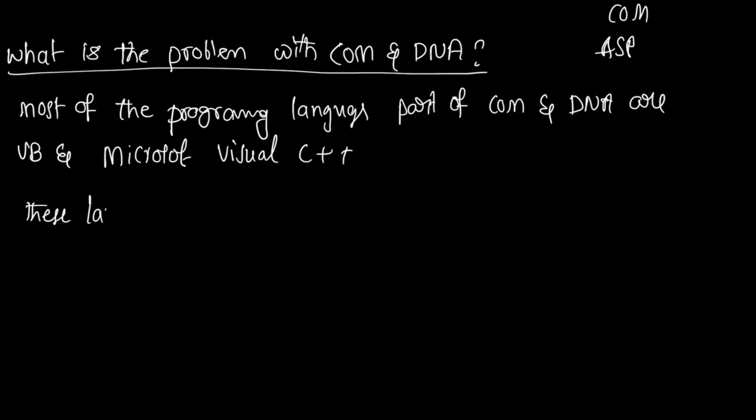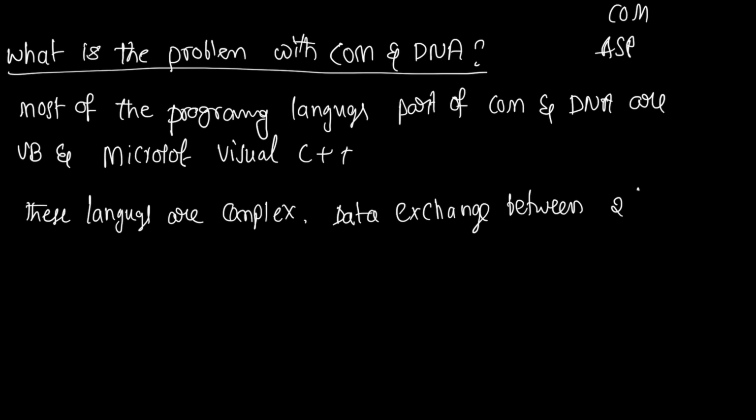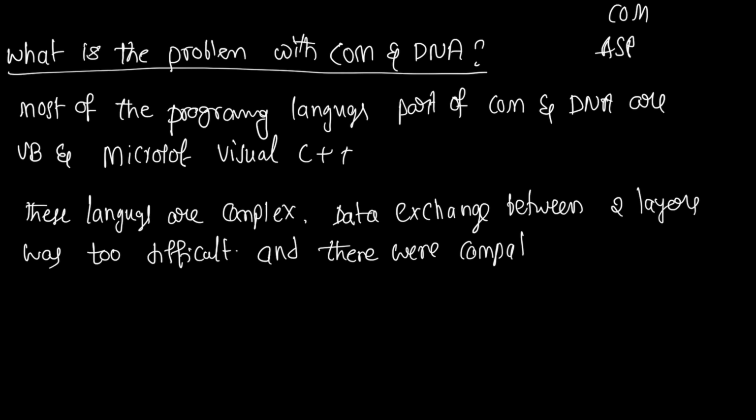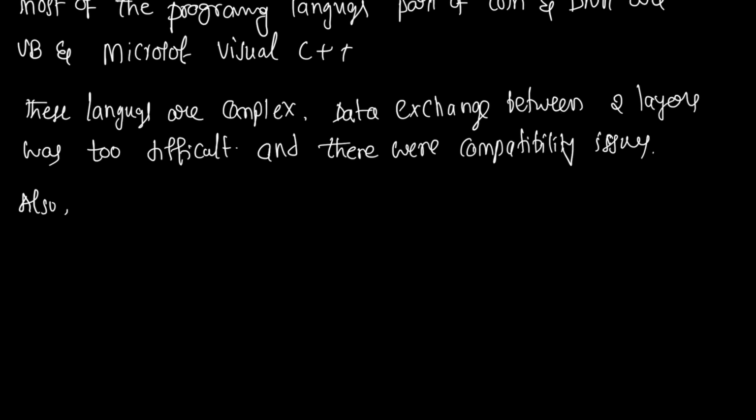These languages are complex when you talk about data type conversions. Data exchange between two layers, such as accessing the database, was way too difficult at the time. And there were compatibility issues using one DLL from VB with another DLL from C++.